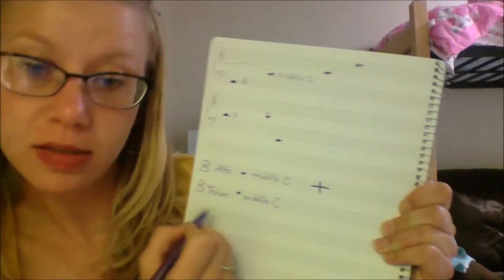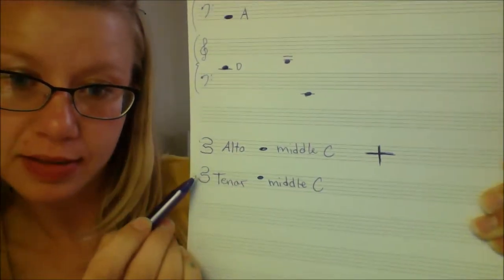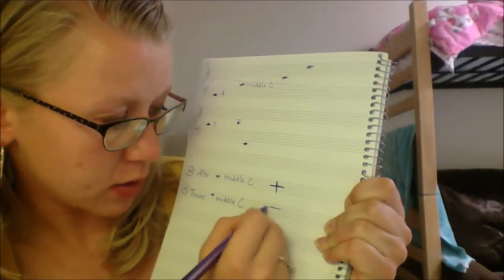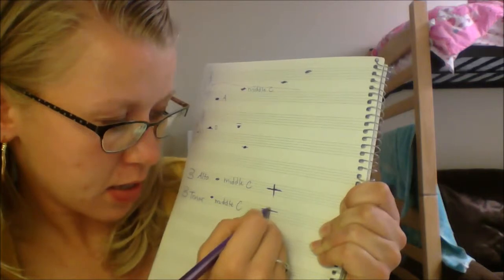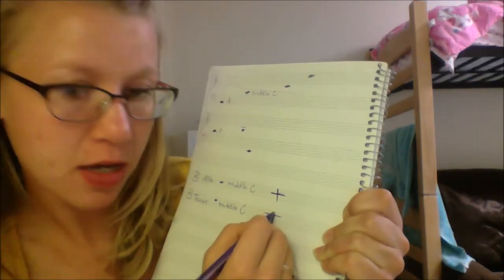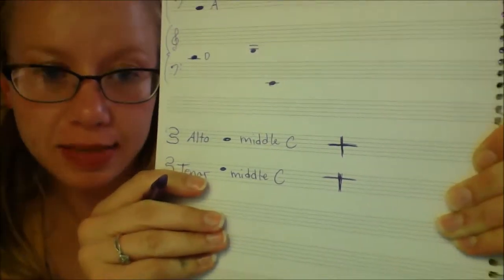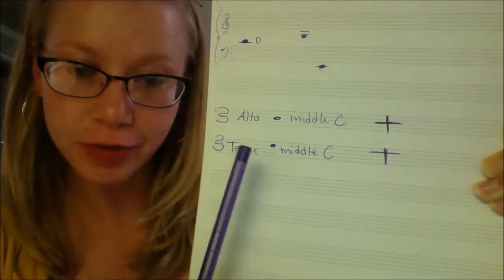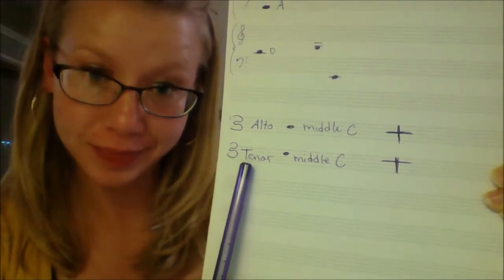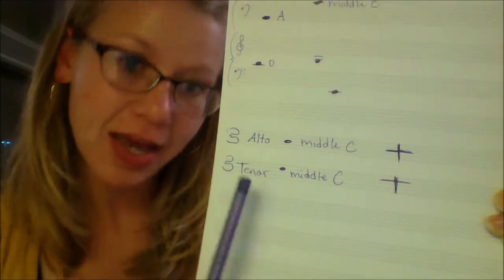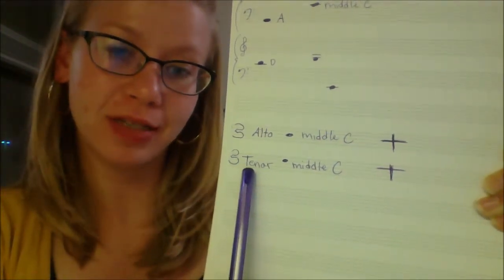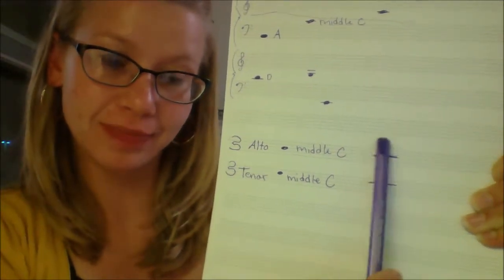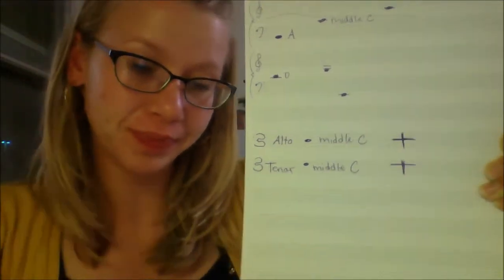Now, in this clef, where it's second from the top, you start out and you draw that horizontal line, you draw a vertical line, you end up with a T, not a plus sign. T is the first letter of the word tenor. Ergo, the tenor clef makes the T. If you get a plus sign, it's alto clef.